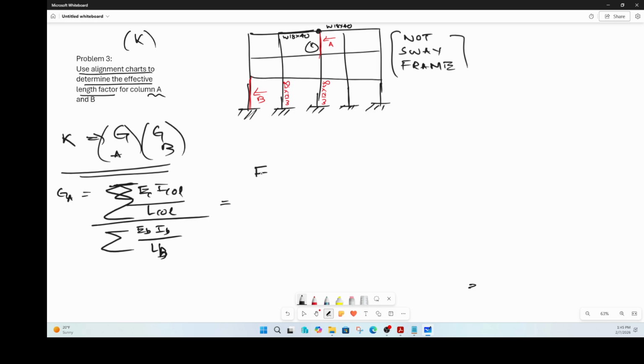So my E times my I value for column W12 by 58 divided by my length of my column here, right? So I think that is missing here. So this is 13 feet, and let's say this is 25 feet. All these things are 25, and this is also 13. This is also 13, and this is also 13. The height of the column, right?